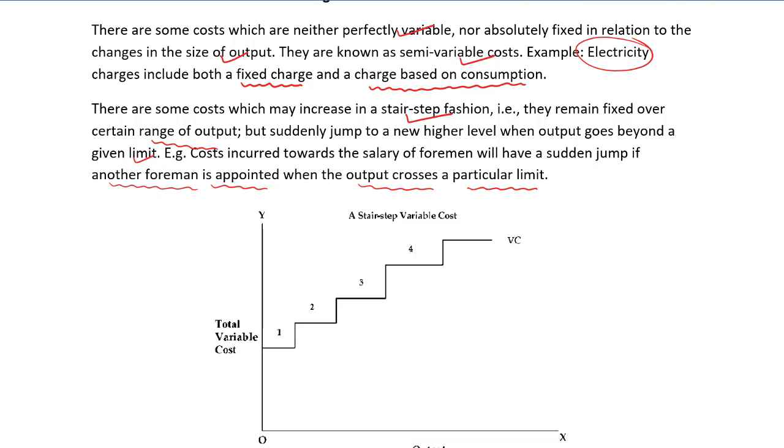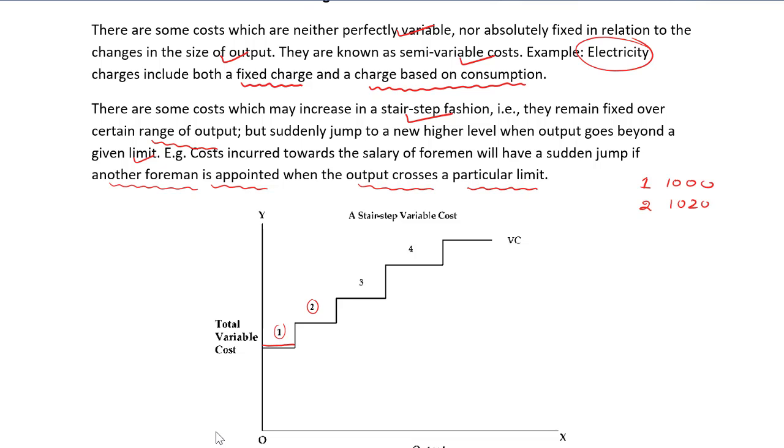Supposedly we need one foreman for 1000 units. Till 1000 units, this would be the same. But once there would be more than 1000 units, supposedly we had started producing 1020 units, we need one more foreman over here, and the cost will automatically increase.